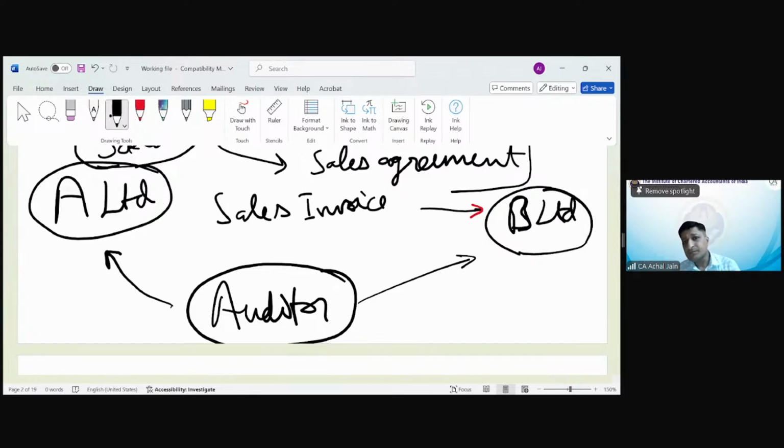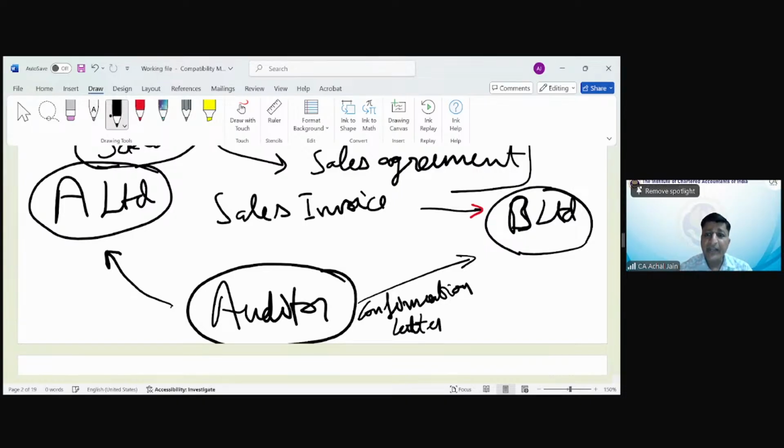Now, once A Limited confirms that it's fine, you reach out to B Limited. The auditor will roll out a confirmation letter. The auditor will not physically meet them or start calling all of these persons. No. The auditor will roll out a confirmation letter independently.